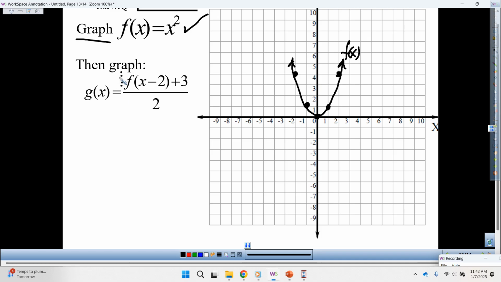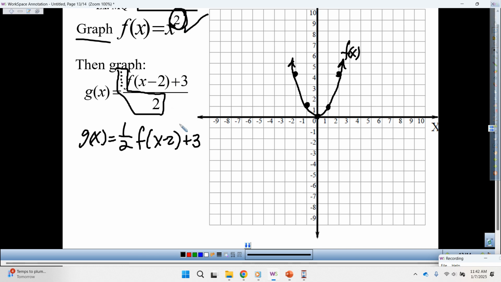So we're going to extract this 1 plus the 2 to make it a fraction. So therefore, this becomes g of x equals 1 over 2. You guys see it now? 1 over 2. And that leaves us with f of x minus 2 plus 3. And since this is a quadratic, we put a little square right there. Don't forget the square.